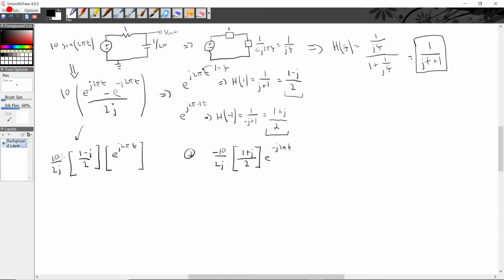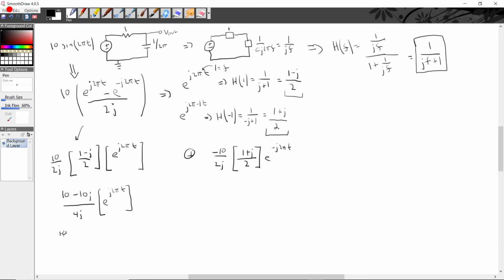So I'm going to go ahead and multiply these two parts together. So we get 10 minus 10j all over 4j times our complex exponential. And we can make that a little bit nicer looking.